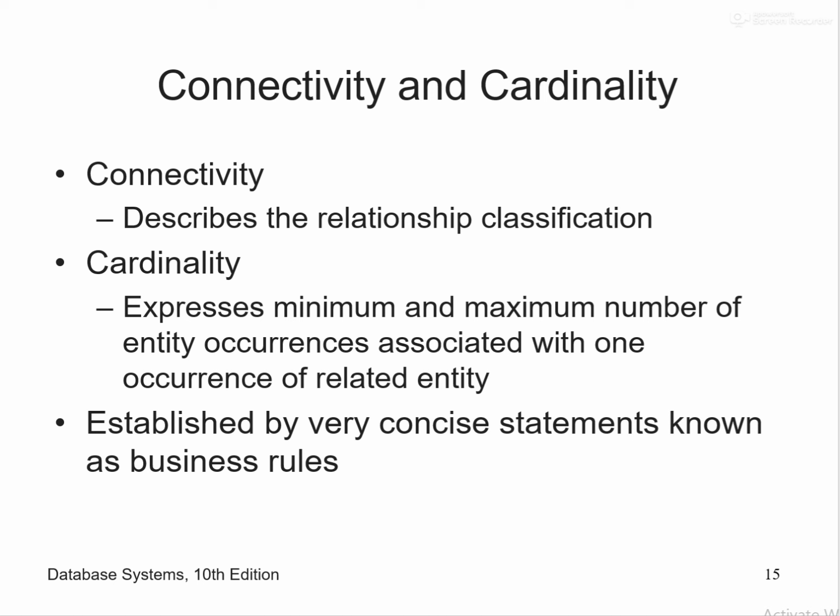And this connectivity and cardinality is decided based upon the business rules. How can we come to know what the connectivity or cardinality is? This information is derived from the business rules.